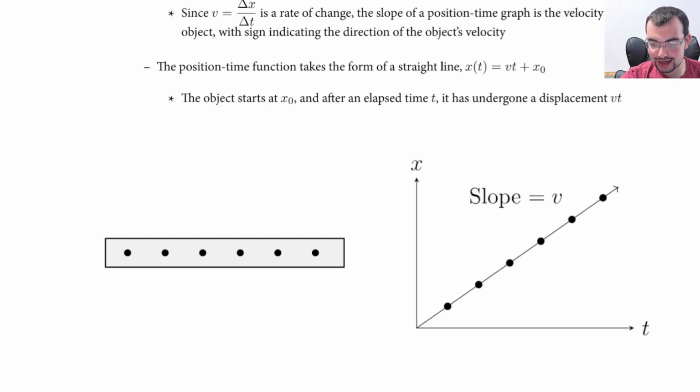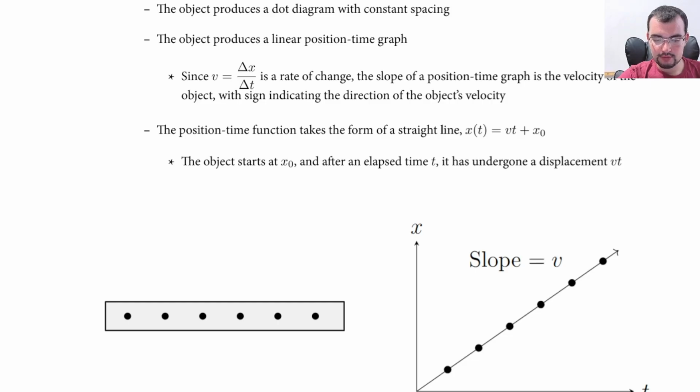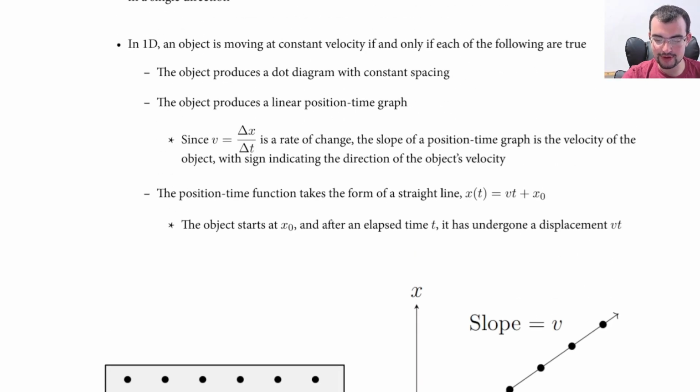So if you have a constant rate of displacement, constant rate is always a straight line idea. So that's why we get a linear graph. And as a result, any functions must follow a straight line form. Because if you're going to start at some value and then go up or down by the same amount every second, it must follow y equals mx plus b.